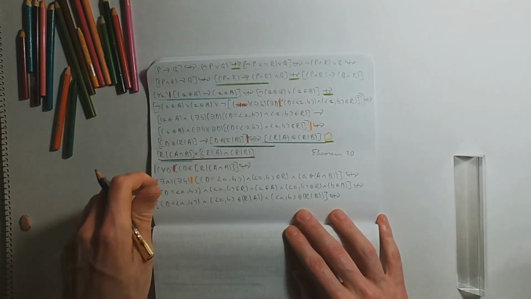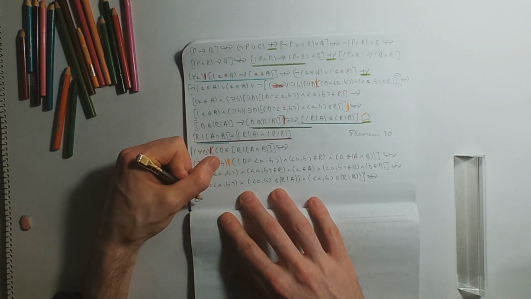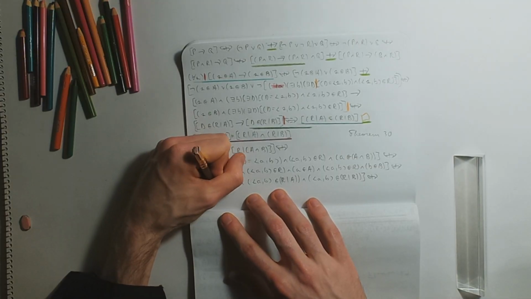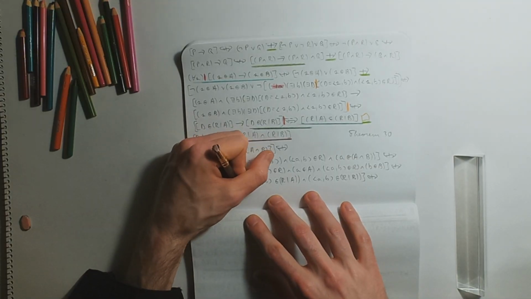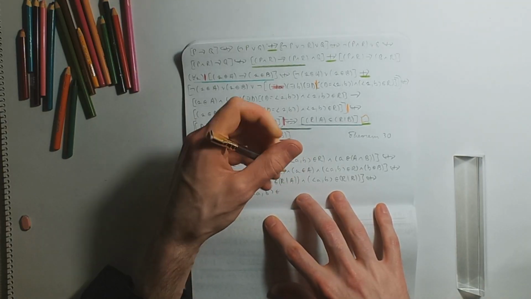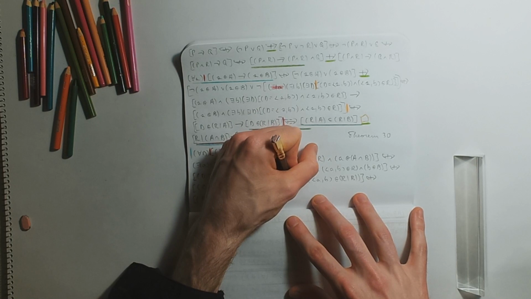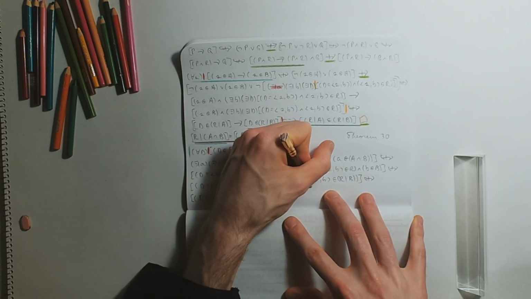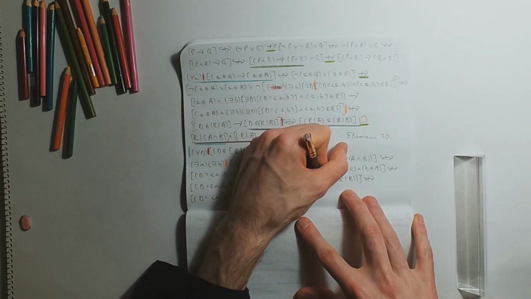If and only if D equals the ordered pair AB and the ordered pair AB is an element of R pipe A intersection R pipe B.